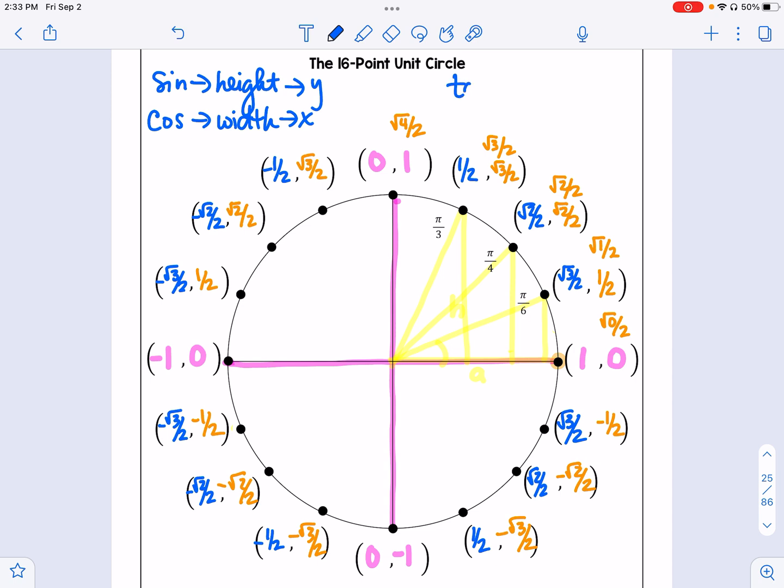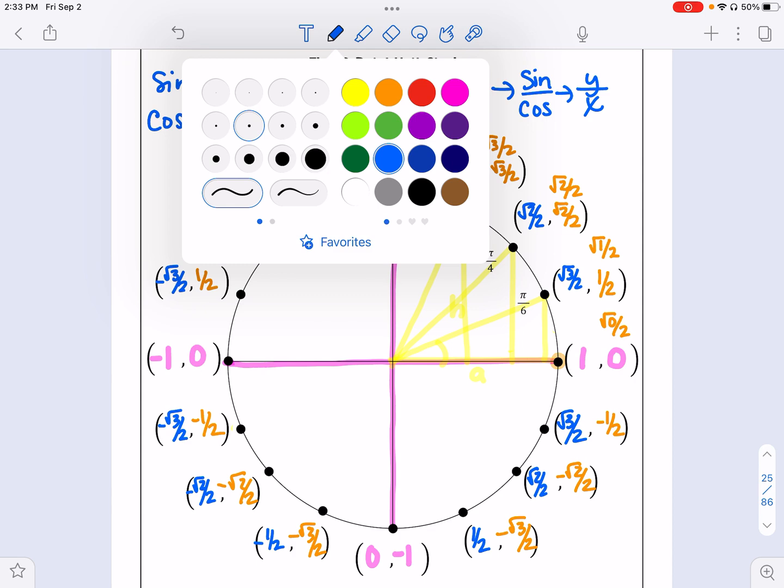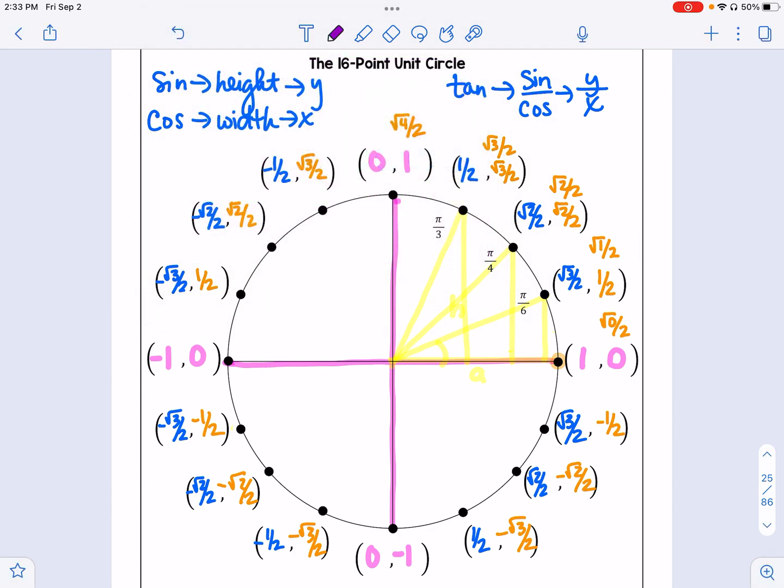So tangent is really like sine over cosine. Well, not like, it is. We know that from our trig identities, but so it's really like a height over a width, or a y over an x, which should look familiar because that's how we find slope, right? Change in y over change in x. So if we're looking through all these points, let's use purple for tangent.